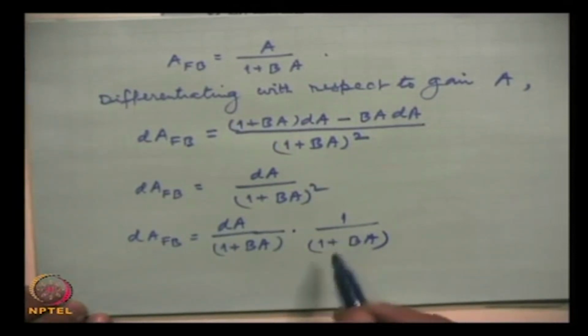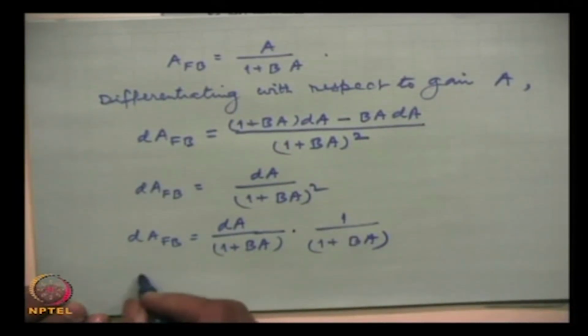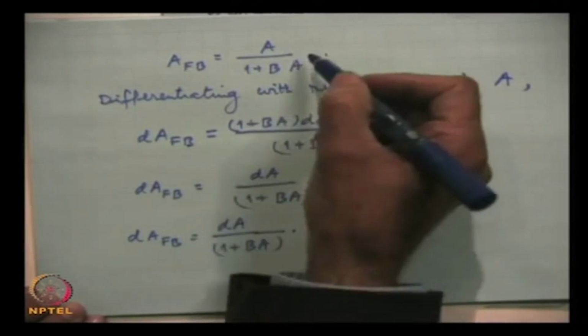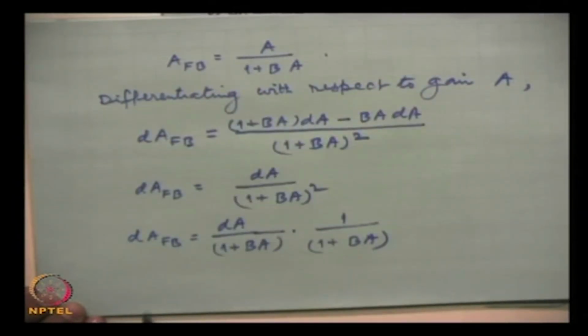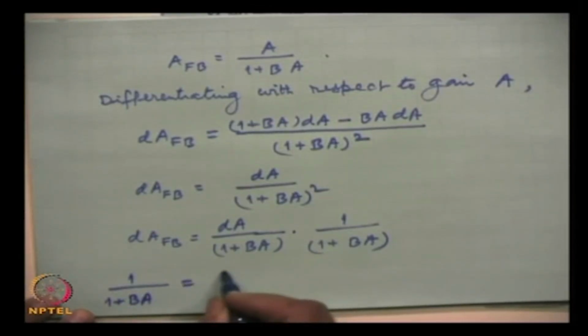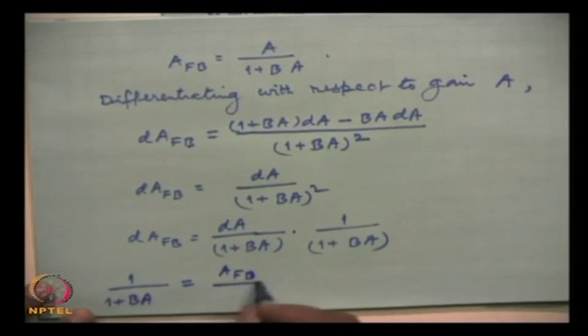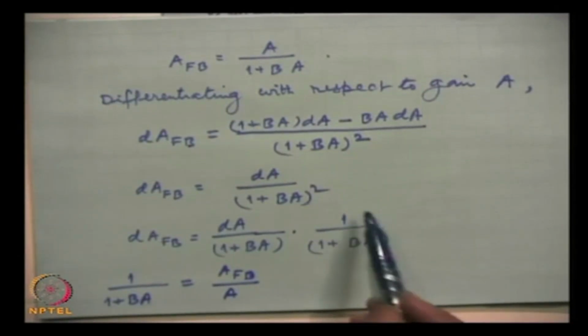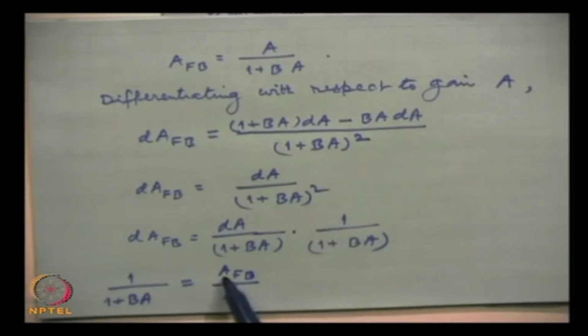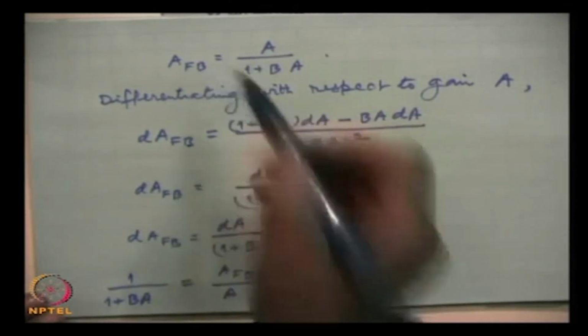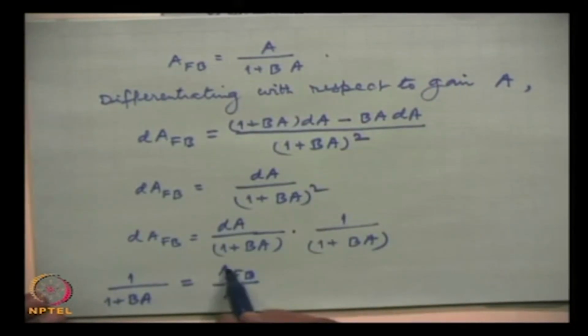And for this 1 by (1 plus BA), from the fundamental relation we can write 1 by 1 plus BA as AFB by A. So, this term we replace by AFB by A.